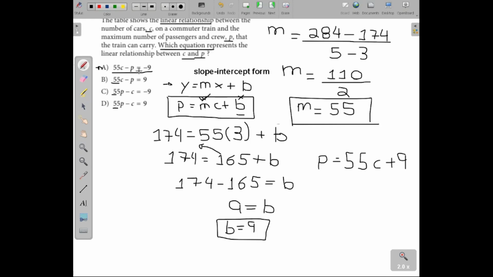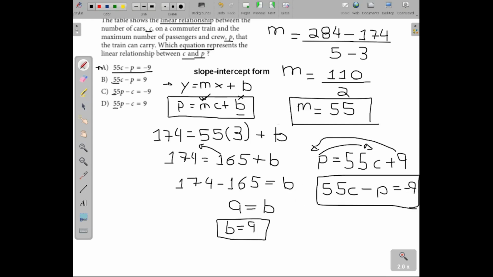And here we can see that all the equations have the constant on the right side of the equation. So let's do that. 55C, P will come to this side of the equation with a change of sign, so minus P, will be equal to, and this 9 will go to the other side with a negative sign, minus 9. This is the final equation, and as we can see, the right answer is A.